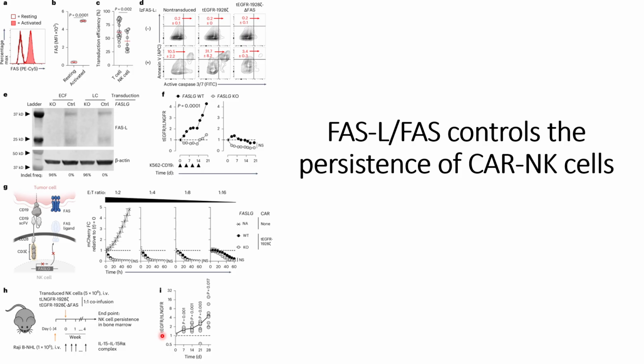What they were able to see is that the TEGFR to TLNGFR ratio increases, and the reason is that where FAS is not present, the apoptosis will be lower, and where FAS signaling is not disrupted, the apoptosis will be higher. That is the reason the TEGFR to TLNGFR signaling ratio is high, because of the death of the T cells and NK cells that are transduced with the CAR in which FAS signaling is not disrupted.